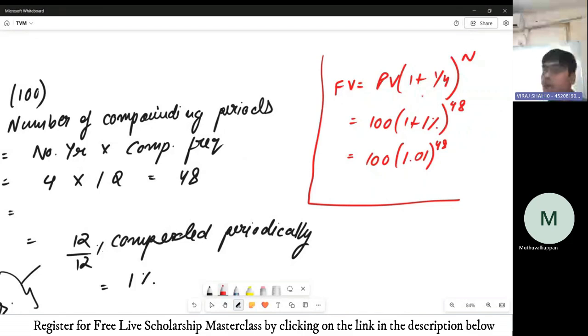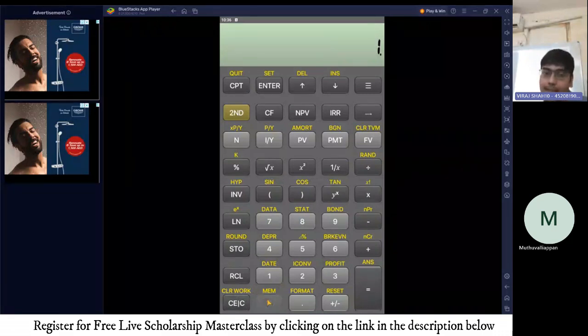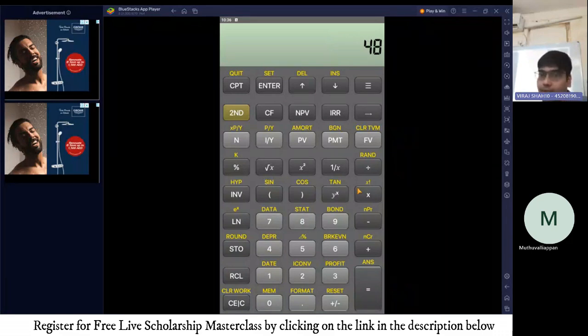Done? Now how do we calculate this in the calculator? Do it with me. ठीक है? First we enter what is inside the bracket, which is 1.01. 1 plus 1%. क्या होता है? 1.01. With me? Inside the bracket. ठीक है? We raise it to the power 48.